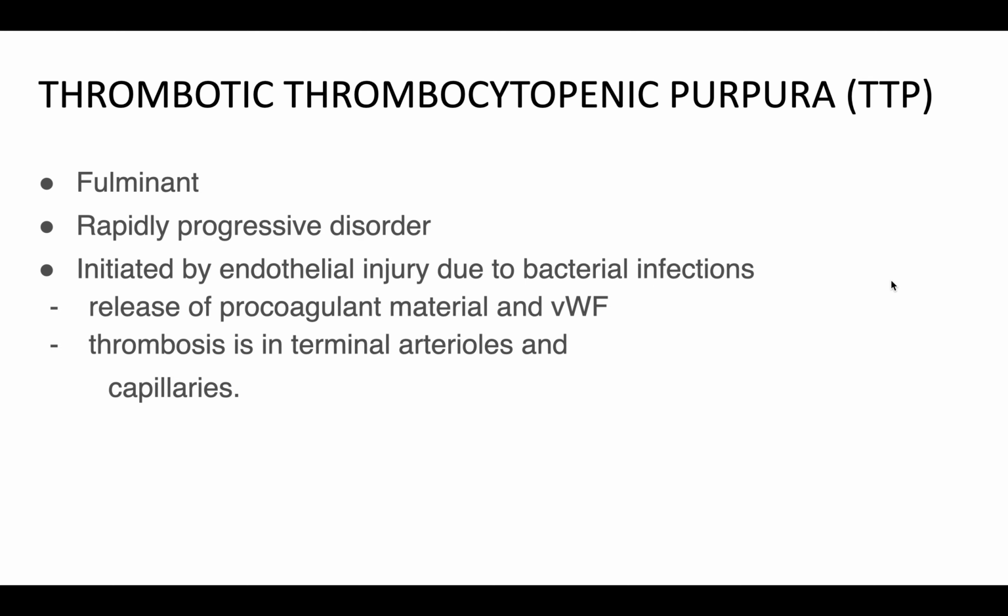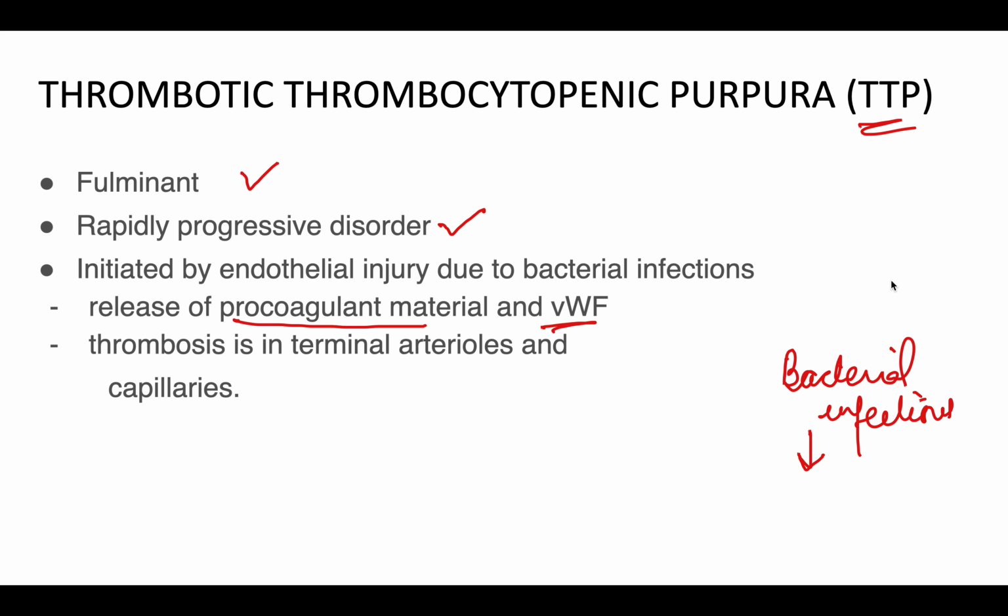Now we'll briefly know about TTP, that is thrombotic thrombocytopenic purpura. This is a much more fulminant disease. It is a rapidly progressive, serious disease. Due to any bacterial infection, the patient is in sepsis, and this leads to release of procoagulant material and von Willebrand factor.